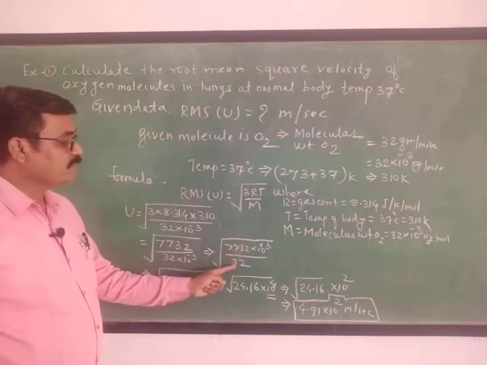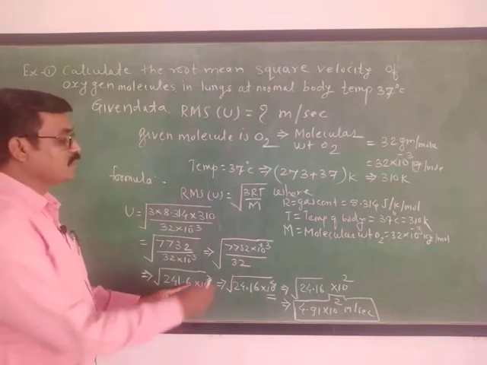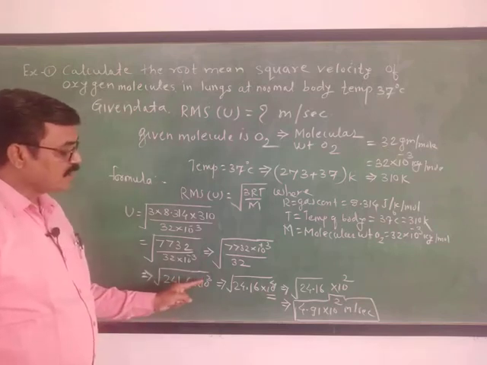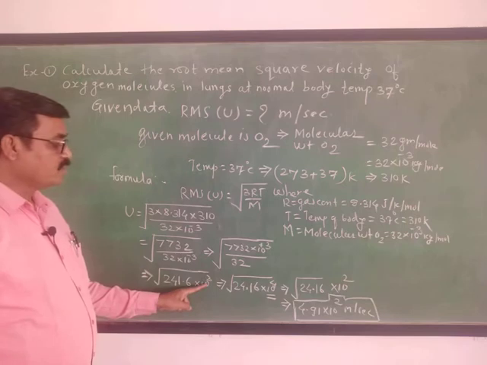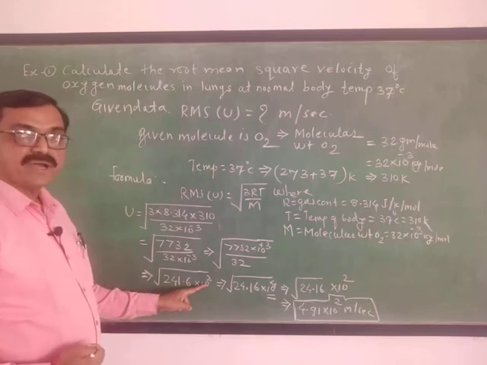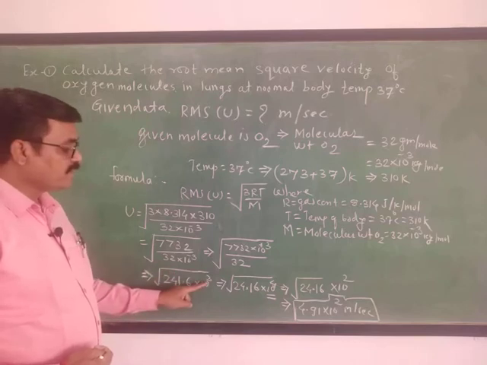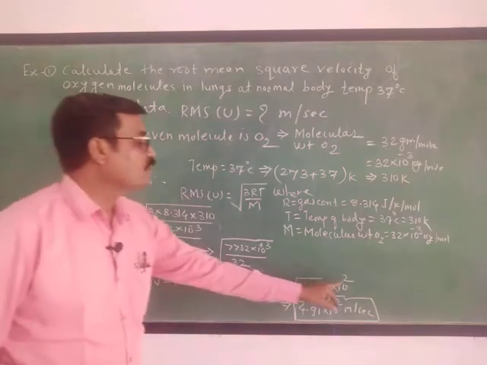Dividing 7732 by 32 gives 241.6 into 10 raised to power 3. But to simplify further and get this out of the square root sign, we convert it into 10 raised to power 4, and then it becomes 10 raised to power 2 after the root.